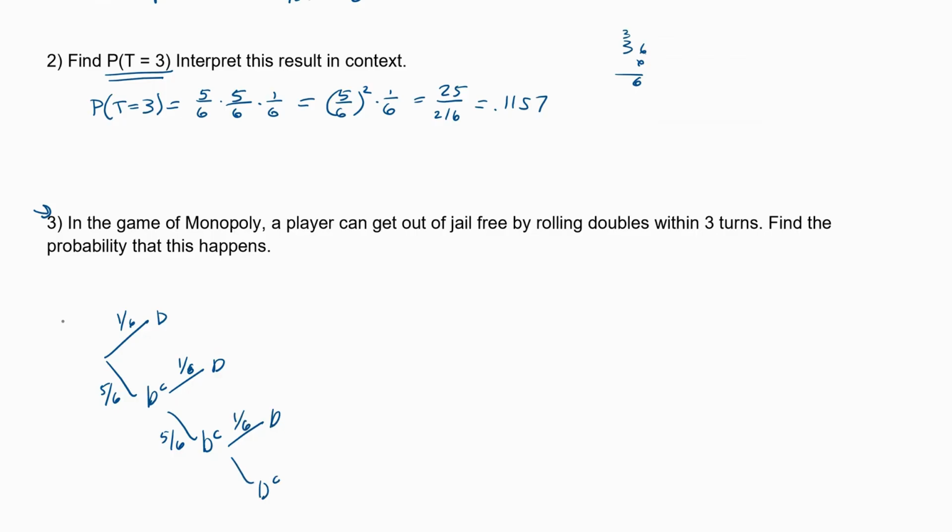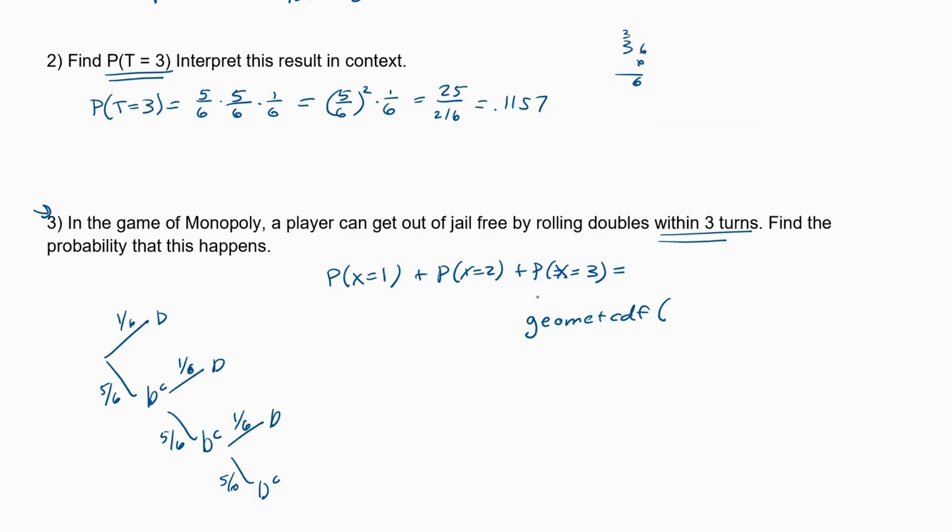Okay. So, well, I suppose we could think of it this way. Within three turns, this is either the probability of getting out on exactly one, or the probability of getting out on the second try, or getting out on the third try, which sounds to me like a geometric CDF.